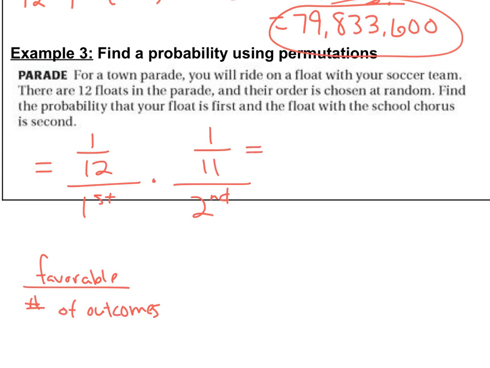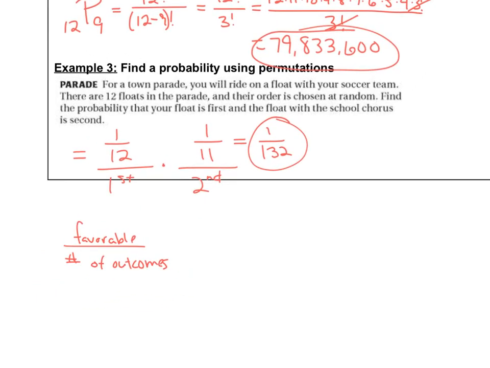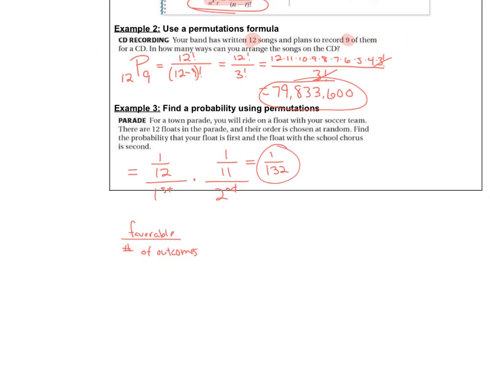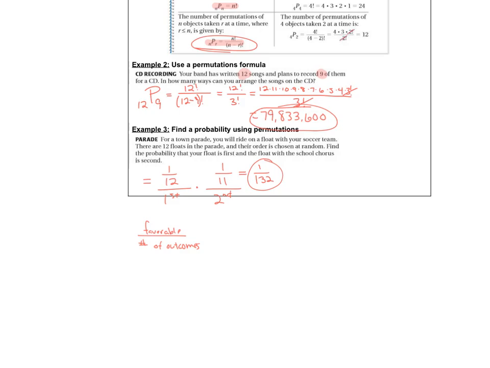So we will multiply 1/12 times 1/11, and we'll get 1/132. That's how you would find the probability that your float is chosen using different permutations and such. Just know that we had to bring the number down a little bit.